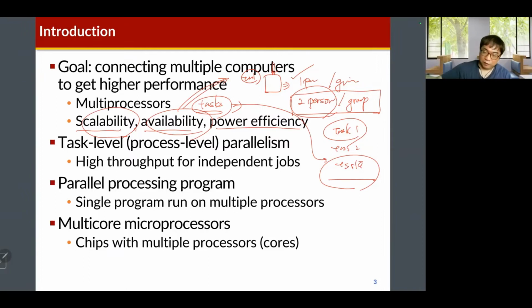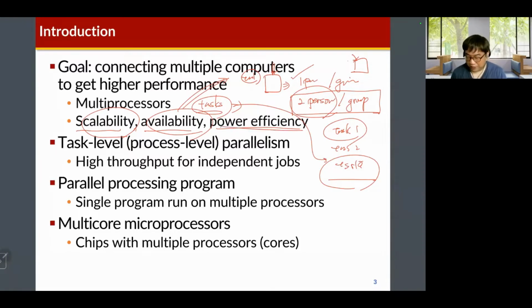Even though there are multiple cores, some components, for example the input and output devices, have limited hardware resources, and these processors need to use them. If this resource is occupied by a certain core, then the other core cannot use these hardware resources. So this is called the availability issue.